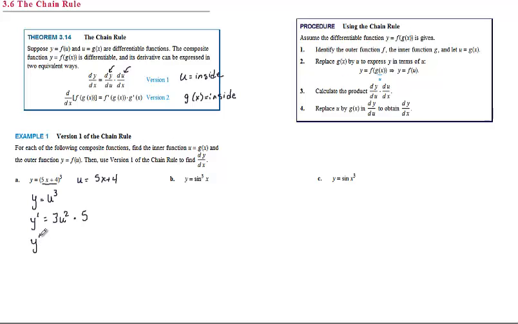So far I get y prime equals 15u squared. Now I don't want this thing in terms of u, so let's put it back in terms of x. 15 and u was 5x plus 4, and that will be quantity squared. Now isn't that pretty?